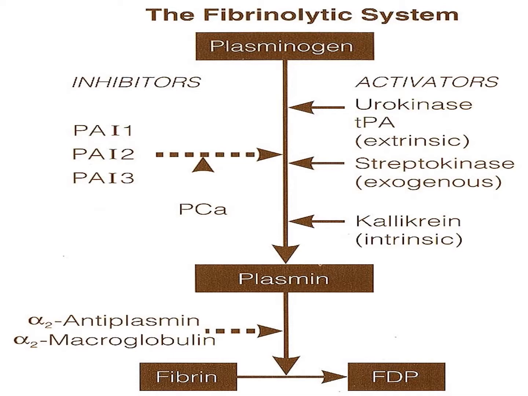As you can see here, inhibitors on the left, activators on the right. Plasminogen will turn into plasmin, which dissolves fibrin into what's called fibrinogen degradation products. And this is what we look for in the laboratory to determine whether there's a fibrinolysis process going on.